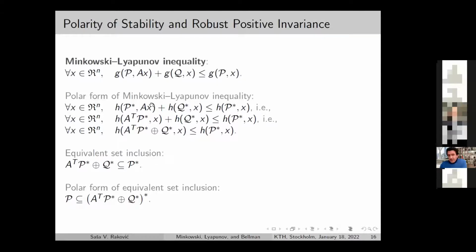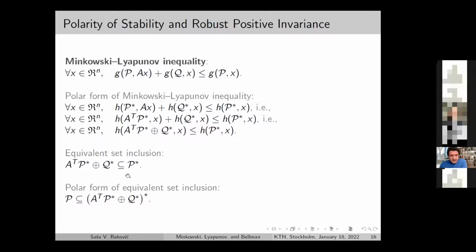The second thing, we're going to apply this linear transformation property with the support function, and then apply the sum of the support functions. So A goes to A transpose, and when we sum up A transpose P star plus Q star, they sum up in terms of the Minkowski sum. Now we are comparing two support functions, which gives us an equivalent set inclusion. So starting from the Minkowski-Lyapunov inequality, we obtain an equivalent set inclusion.